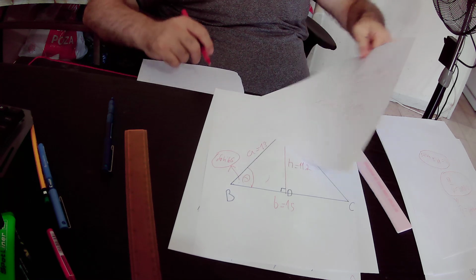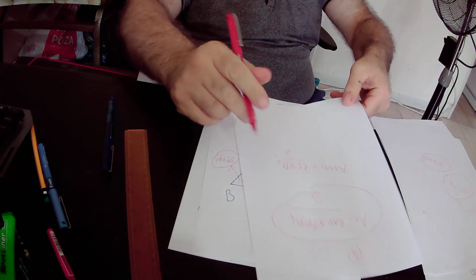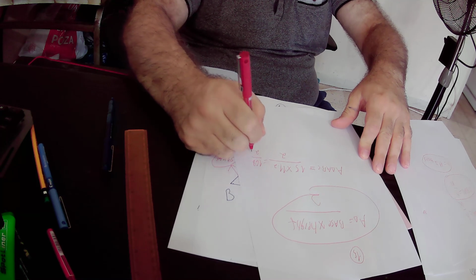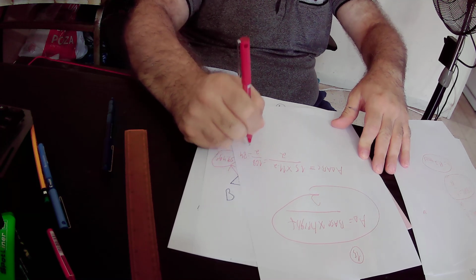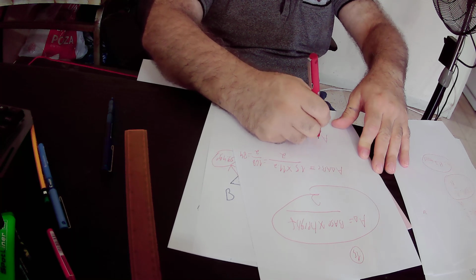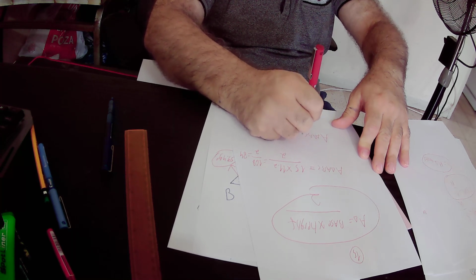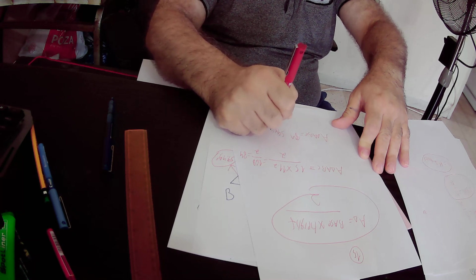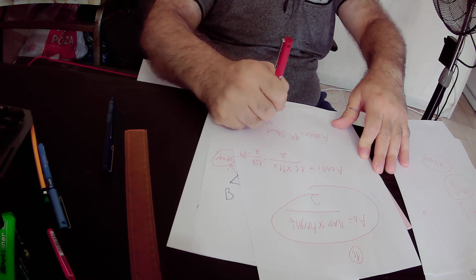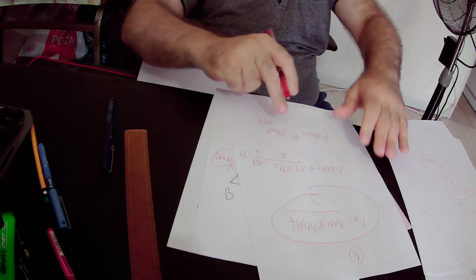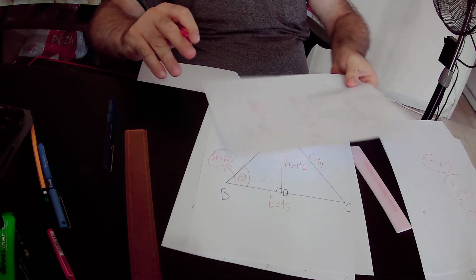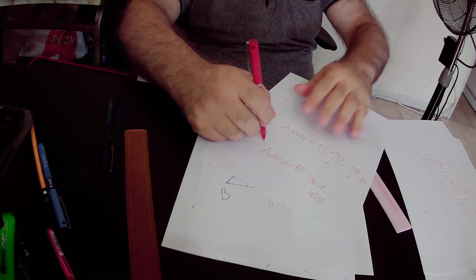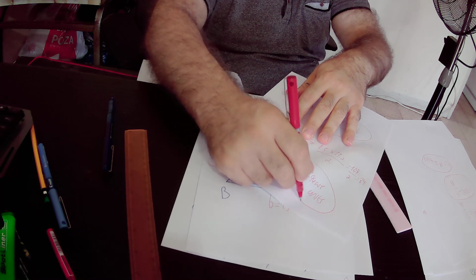And 15 times 11.2 is actually 168, and 168 over 2 is 84. So the area of triangle ABC equals 84 square units.